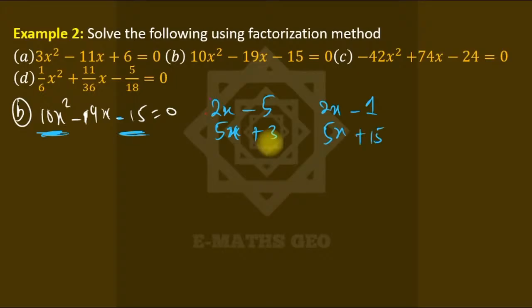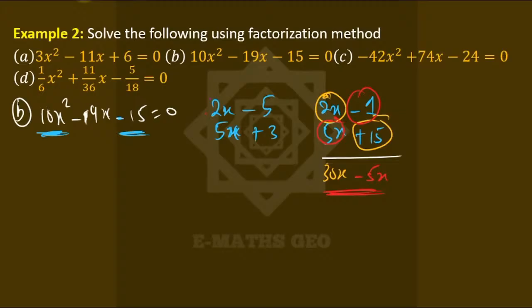Let me leave the first one. Let's do the second one. 2x multiplies 15, because you know the sign for 15 is plus 15. So 2x times 15, what do you get? You get 30x, right? Now negative 1 times 5x gives you negative 5x. If you combine these two, it will give us 25x.